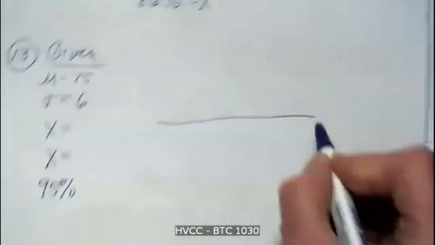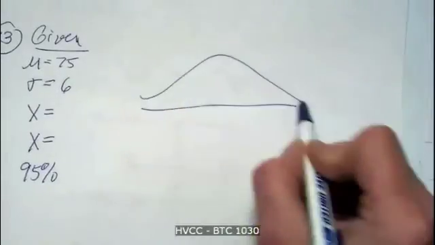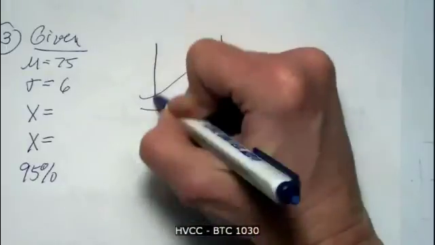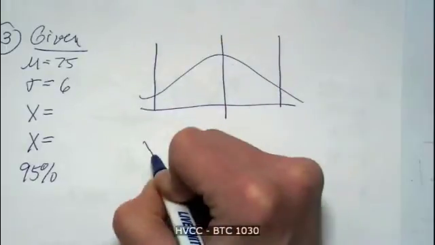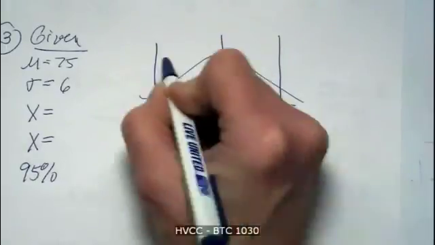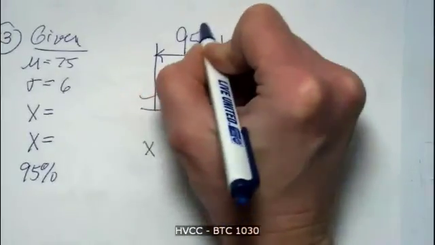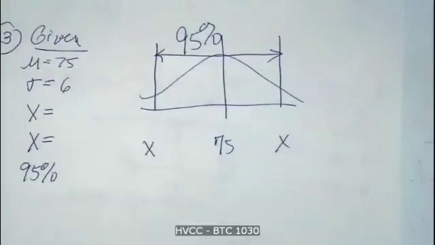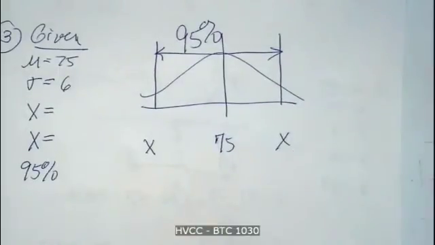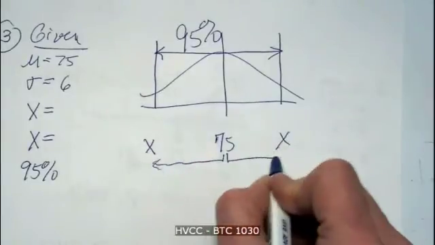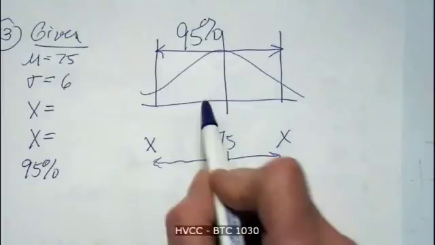So let's look at this. What am I talking about? When I say symmetrical limits, here's 75. I'm saying I want to know these 2 x's, and 95% of my assembly workers will fall in those limits. Well, once again, from the center out. How do we find this percent?